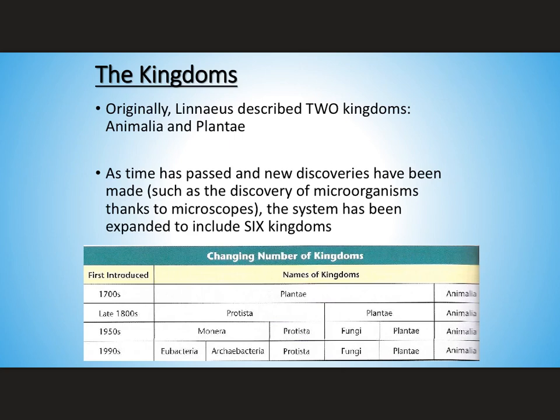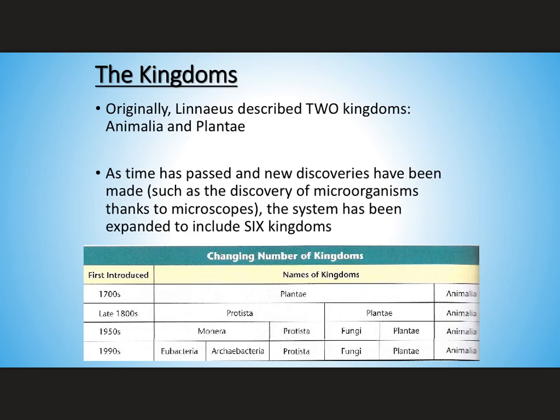And then in the late 1800s, they expanded the Linnaean system to include three kingdoms because they discovered microorganisms, right? So they had the animal kingdom, the plant kingdom, and then the protists, the single-celled organisms.